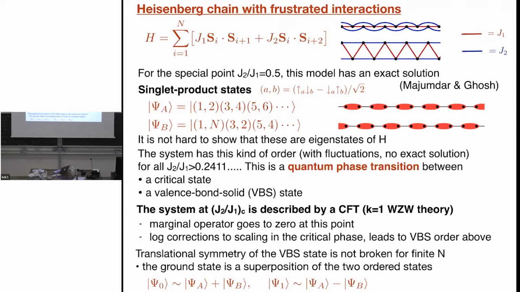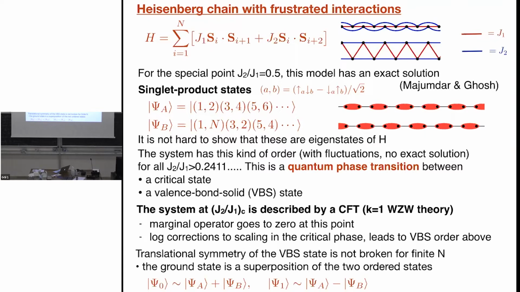You can think of states that are superpositions of these. The actual ground state will be at momentum 0, and it will be a superposition of these two with some domain walls in between that allow the system to fluctuate. For a very large system, it will become more purely such a superposition, and you can really break the symmetry in the thermodynamic limit.